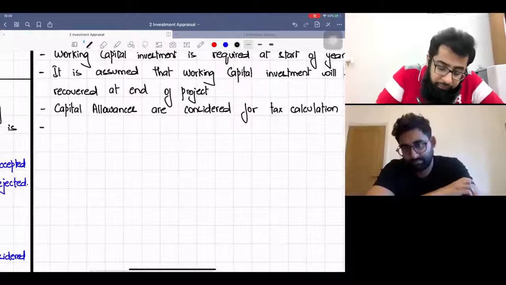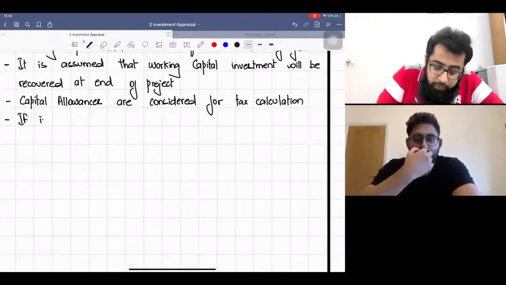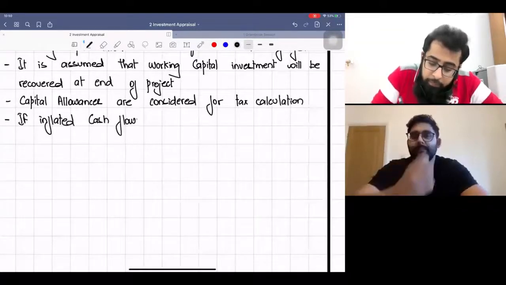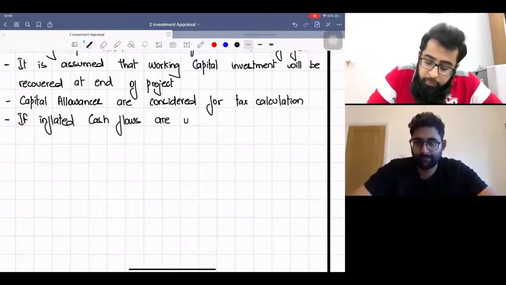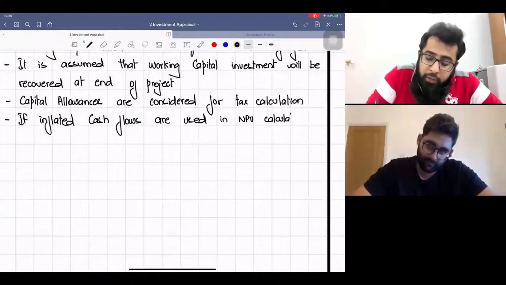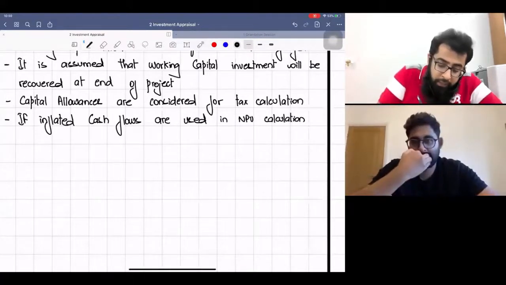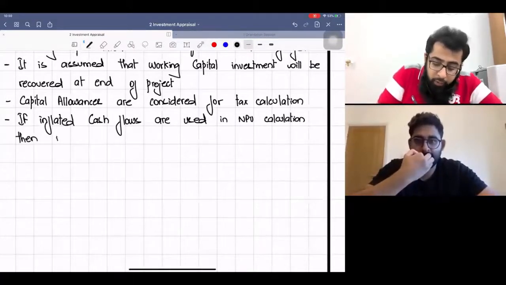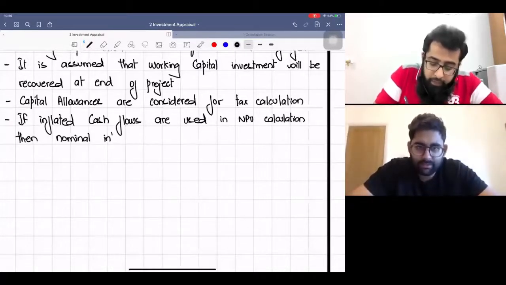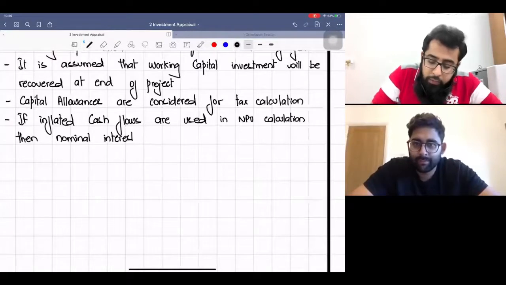If inflated cash flows are used in NPV calculation, then the nominal interest rate is used.